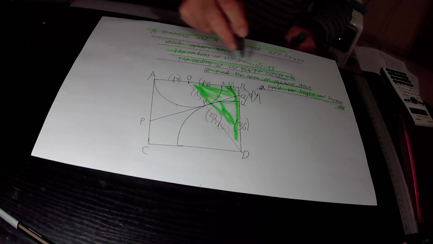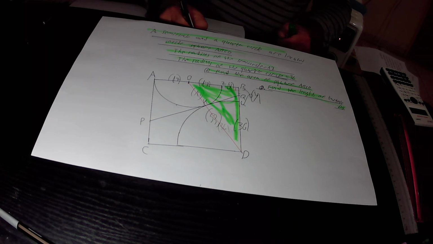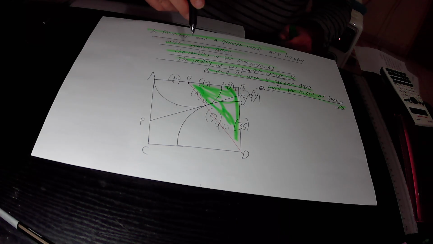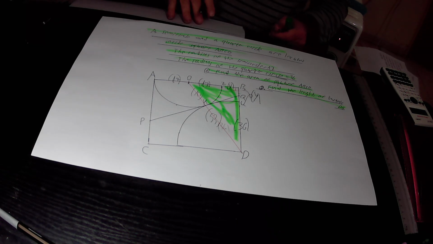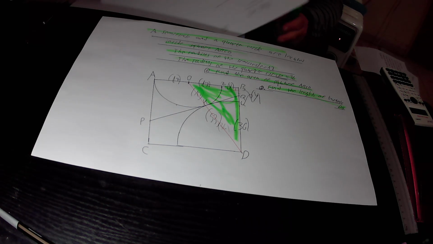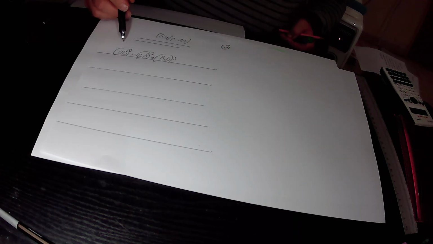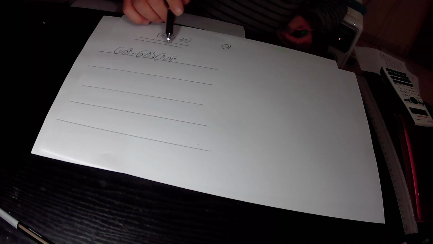must be equal to OB squared plus BD squared. But again, in this right triangle OBD, according to the Pythagoras theorem, the following equation is true: OD squared, that is the square of the hypotenuse, equals OB squared plus BD squared.